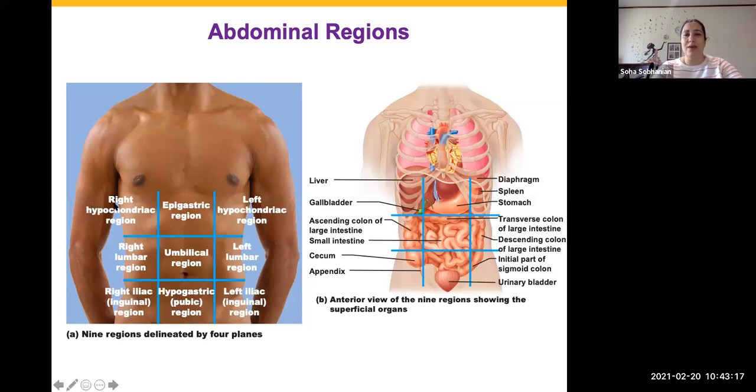So here is what I want to talk about. Let's talk about the word hypochondriac. Hypo means below, chondriac means cartilage. So right and left hypochondriac. What they're referring to is, if you look at the rib cage, you have the rib bones coming in, and you can't see it very clearly, but there's a separation line right here. These regions I'm running my cursor on are actually cartilage. They're not bone.